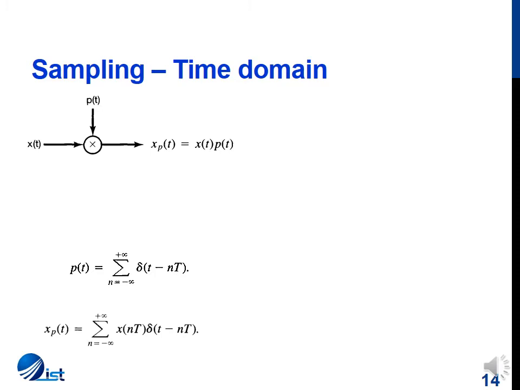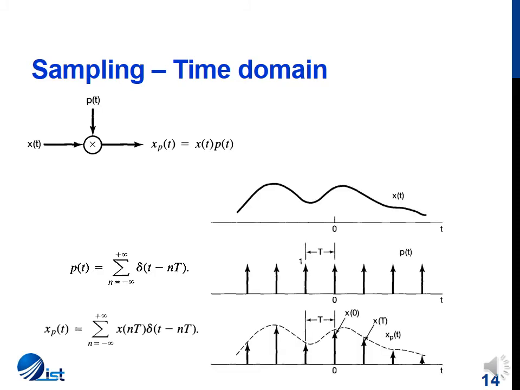So after the multiplication, the sampled signal x p of t is x of nT multiplied by delta of t minus nT. What happens can be observed graphically: if this is our input signal x of t, after multiplication by the impulse train separated by capital T, we get this pulsed signal, or the sampled signal.